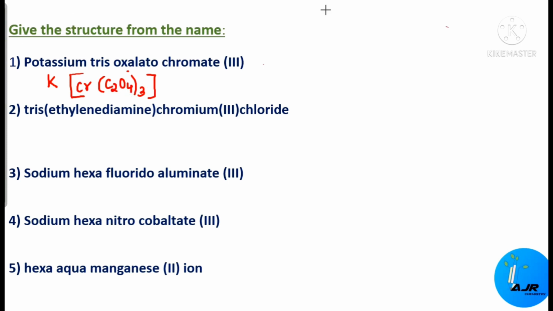Because we know the oxidation number of chromium, from this it's possible to fix the charge on this entity. So, chromium, listen carefully, Cr C2O4, 3 times. Understood? So now we know this is 3, so it is +3. What is the charge of this oxalate? How many ligands are there? 3. What is the charge of this oxalate? It is -2.